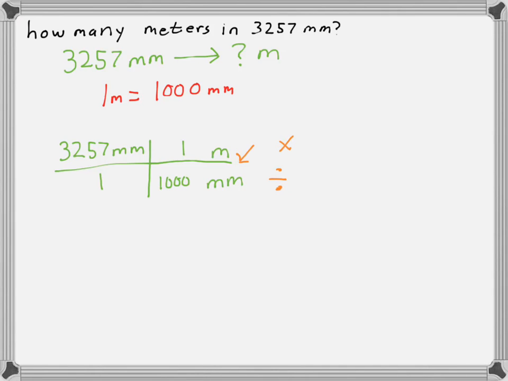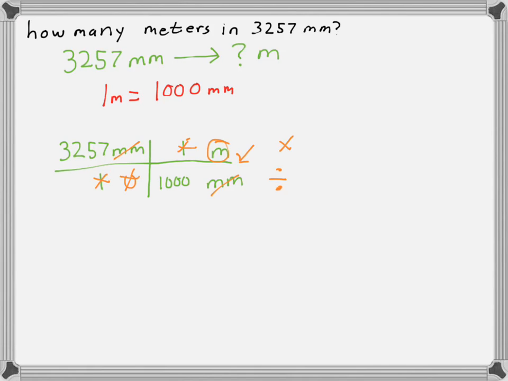The last thing you need to do is cancel out any units that can be canceled. So the millimeters get canceled. There's no unit here, so that doesn't matter. The ones don't really matter in this situation. So I know I have meters. That's what I'm going to.